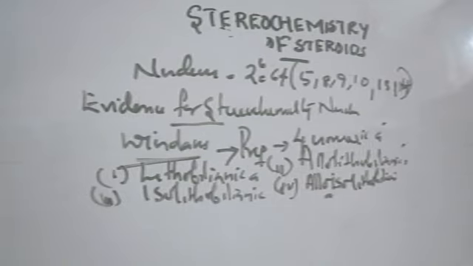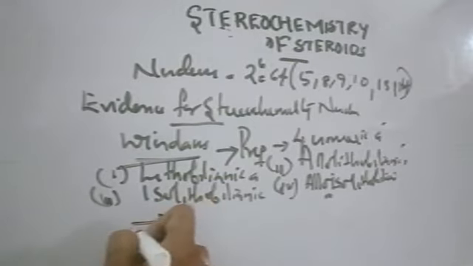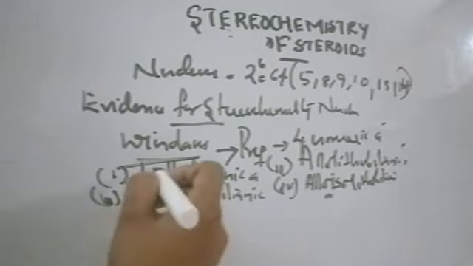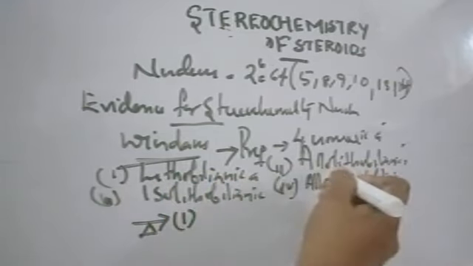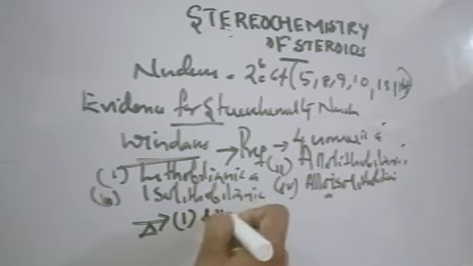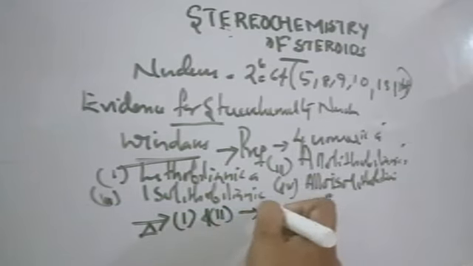In this we have to consider that when these isomeric acids are heated, the first and the second, that means lithobilianic acid and allolithobilianic acid, give the same product.